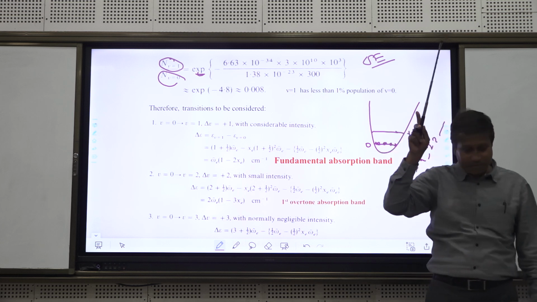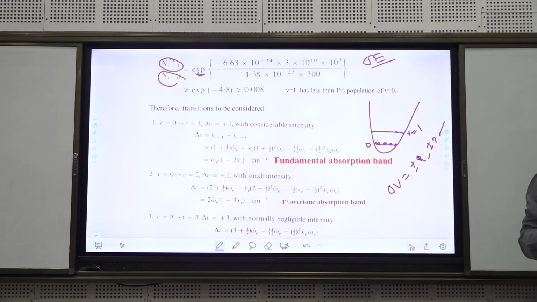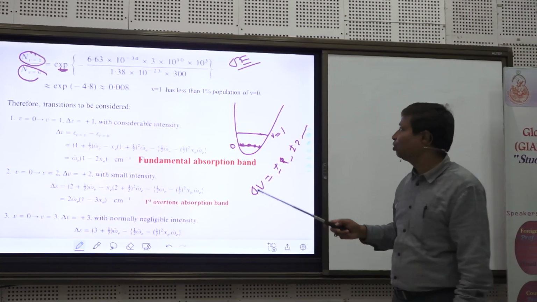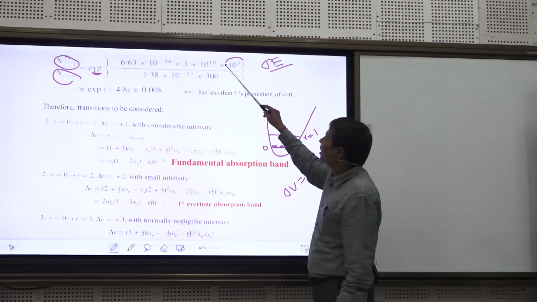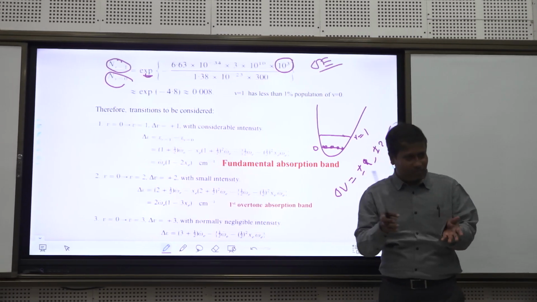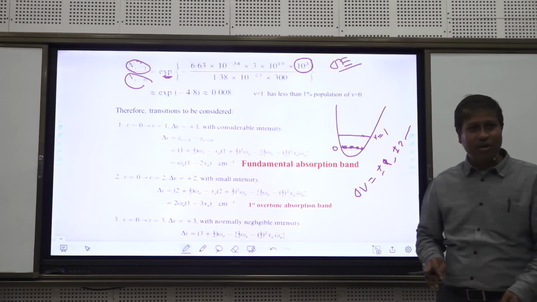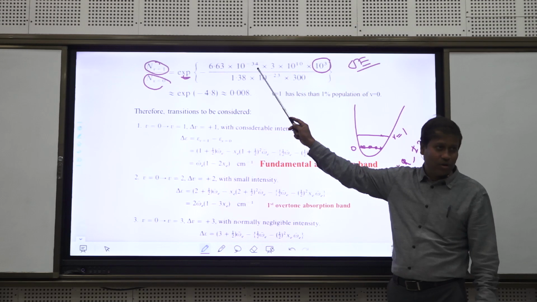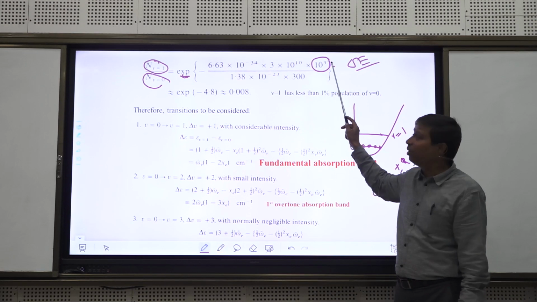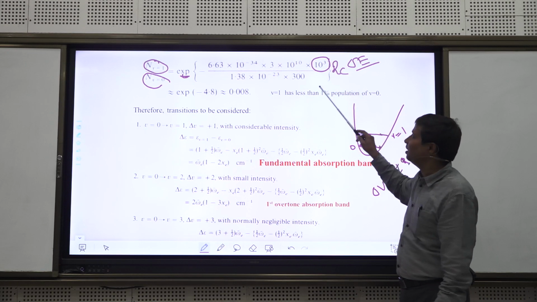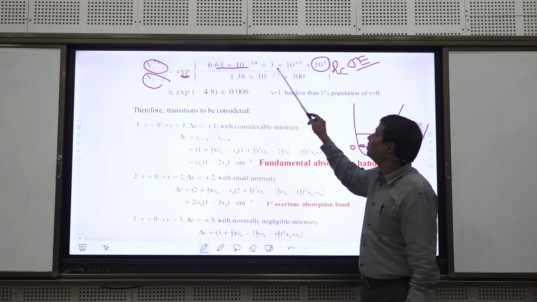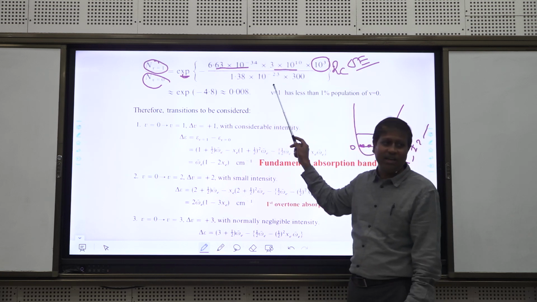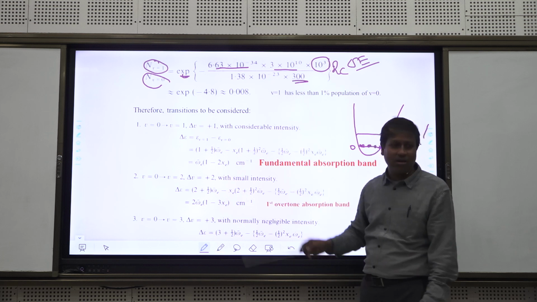If you think of the IR spectrum, it comes at 3000, 2000, 1500, 1000. So we take 1000 for general purpose. But here we have to use joules, and this is in wave number, so you have to multiply by hc. That is why so many numbers are there. And then kT, where T is room temperature.